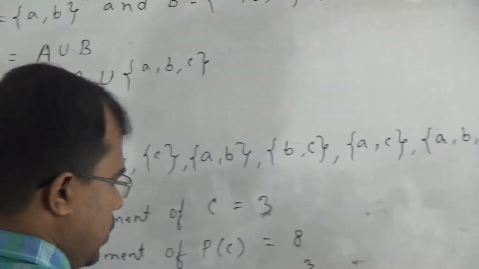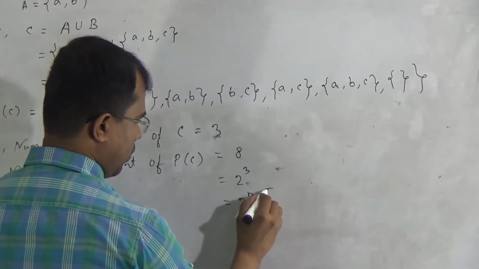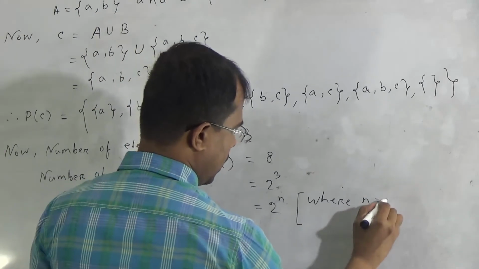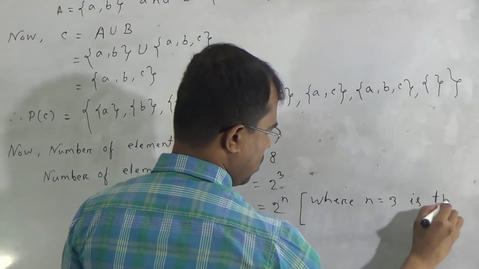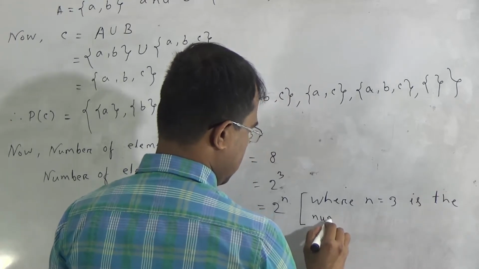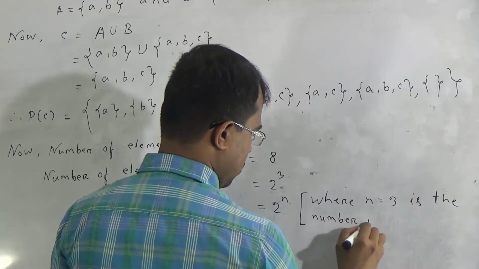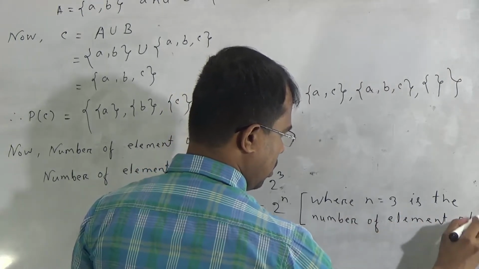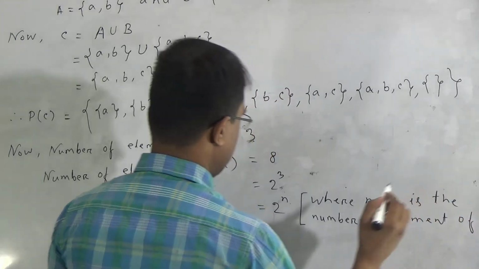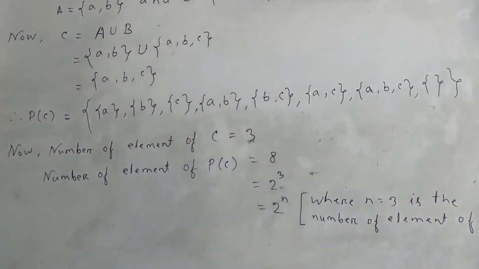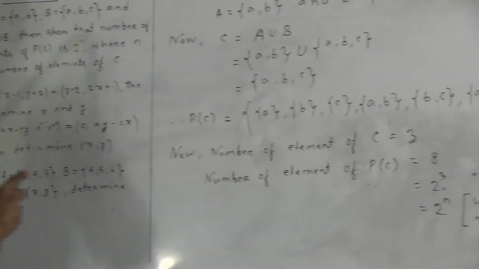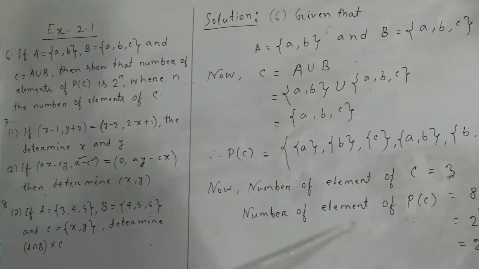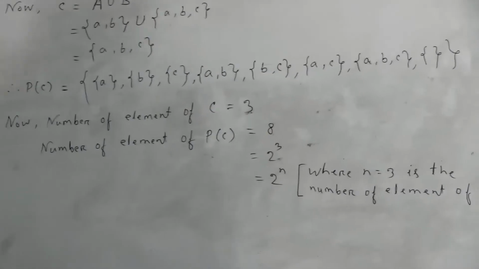This is equal to 2 to the power n, where n equal to 3 is the number of elements of C. Our question was, then show that the number of elements of P of C is 2 to the power n. We have already shown it. The number of elements of P of C is equal to 2 to the power n. So we can write here, shown.